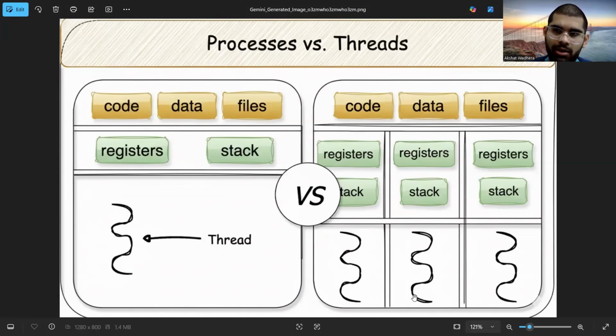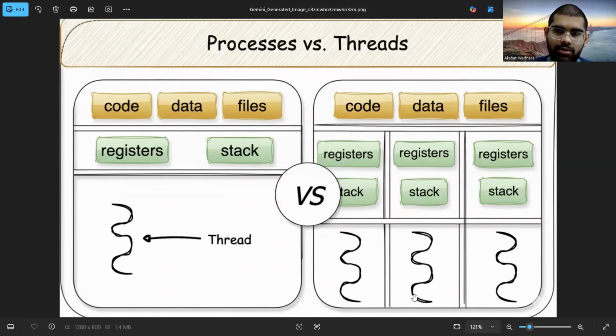As for crash impact, if one process crashes, like if Zoom crashes, my Chrome process is unaffected. But in the case of threads running in the same process, if one thread crashes, the whole process may crash.